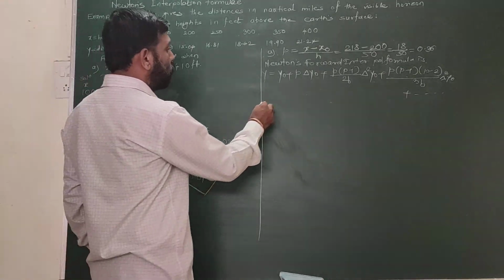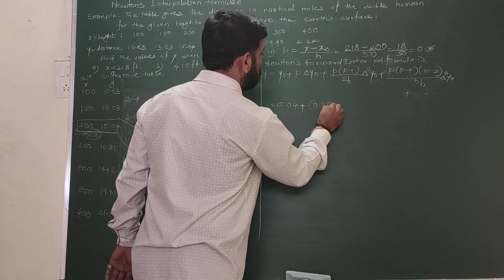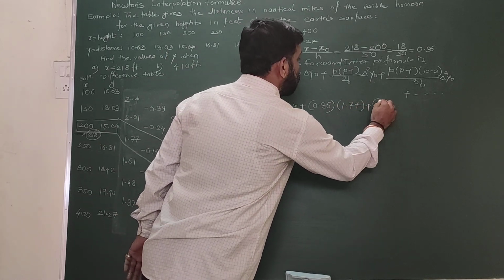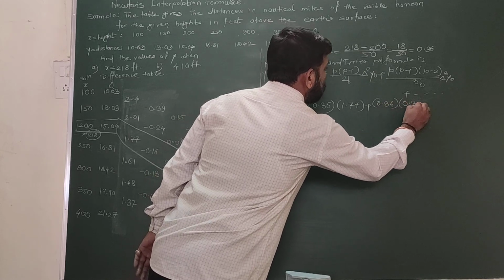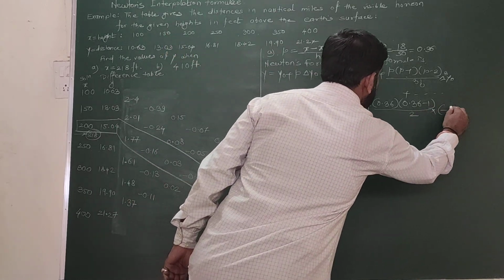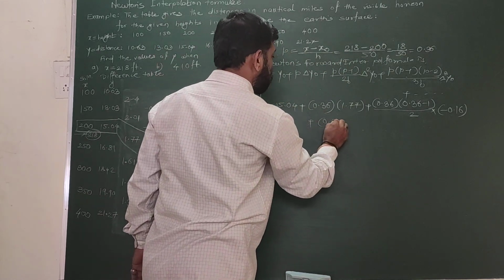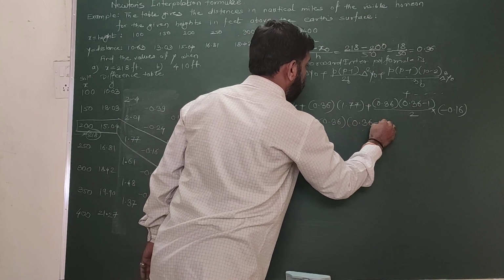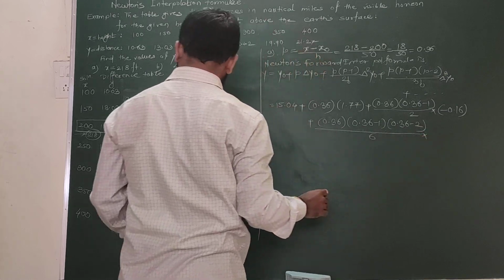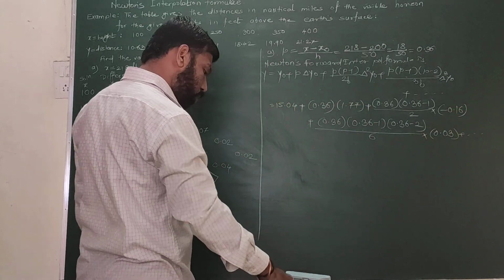So first value y0 is 15.04, p value 0.36 into 1.77, upon 2 into minus 0.16, plus p into p minus 1 into p minus 2 upon 6 into 0.03, plus so on.